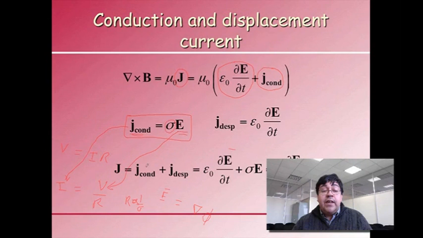Going back to the total current density, this capital J that I have here, I'm going to write it as a sum of 2 components, the conduction and the displacement. So the displacement is this term right here, and the conduction is this term all the way out here.